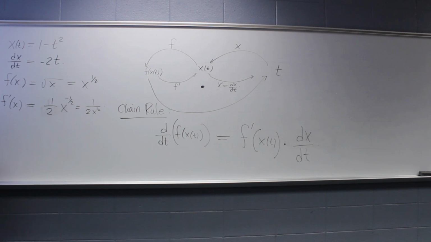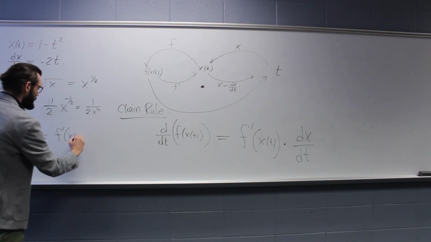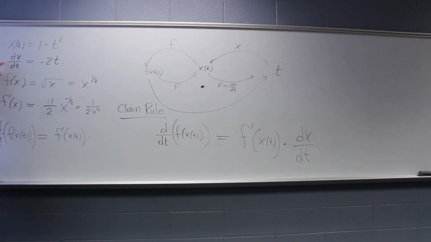And I think we're ready to compute d by dt of the composition. Now we have to do f prime of x of t times dx/dt.